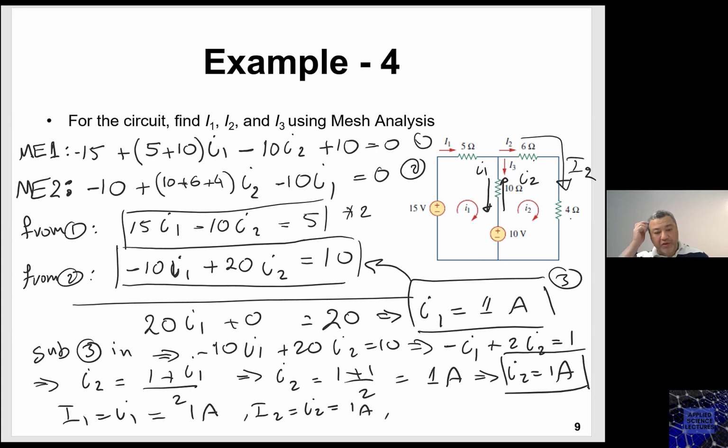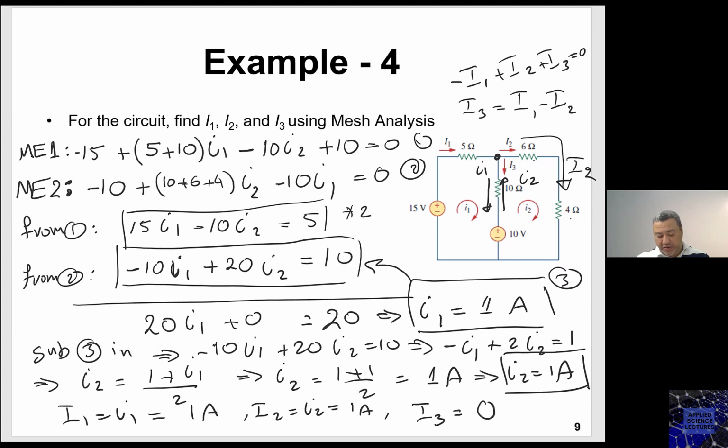Now what about I3? If you write a KCL at this node, it is going to give you minus I1 capital plus I2 capital plus I3 equals 0, and I3 is indeed I1 minus I2, which means I3 is 0.